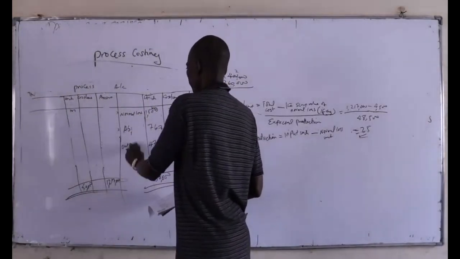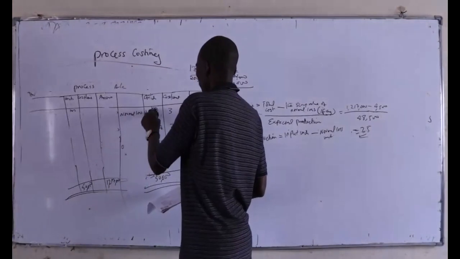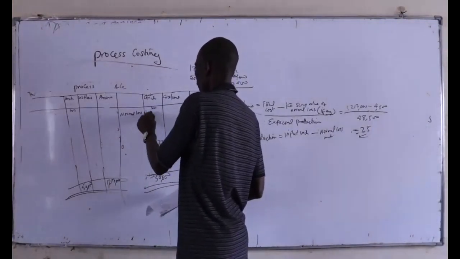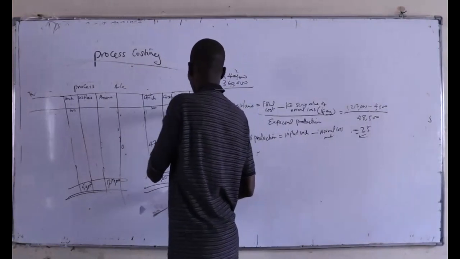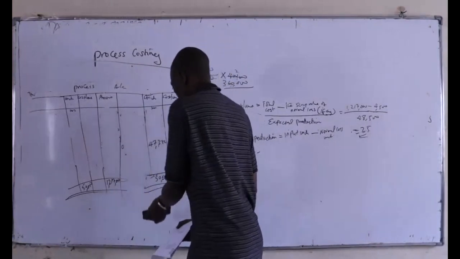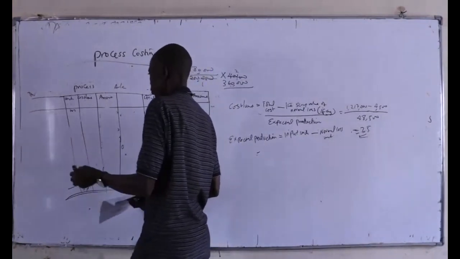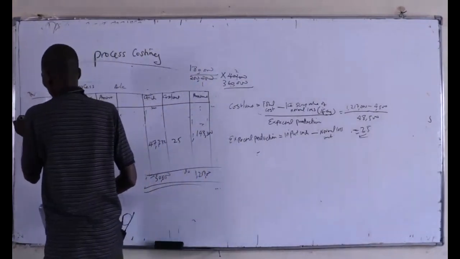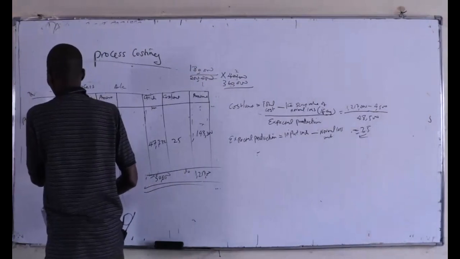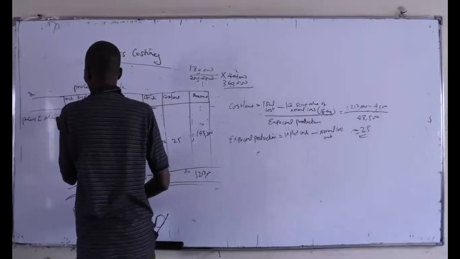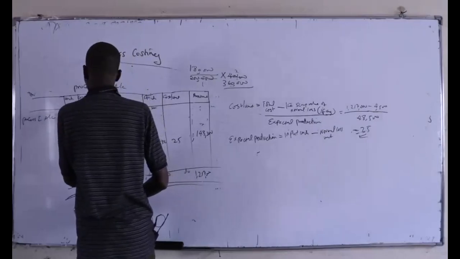We have, so it was the input, the output of process 1 was 47. So you say process 1 because it is coming from process 1, and the units are 47,732.